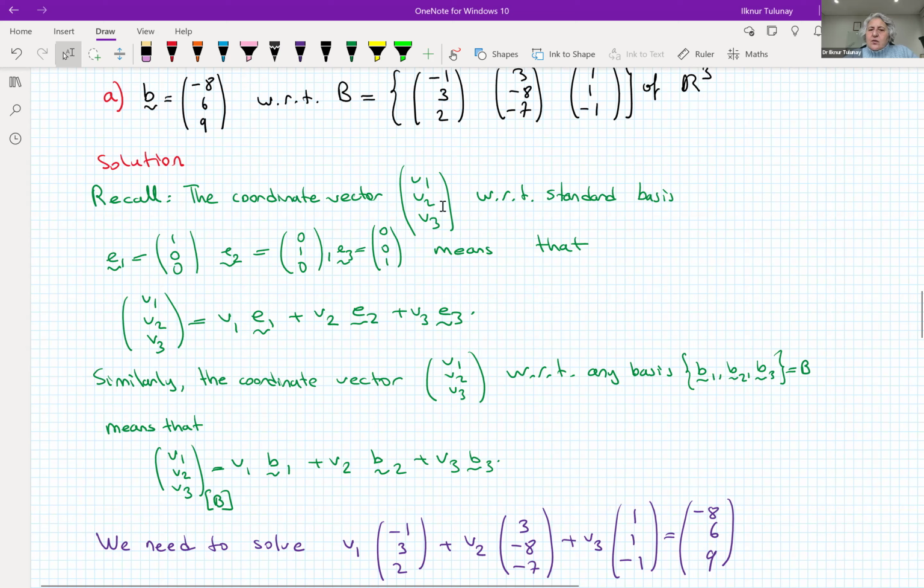So the coordinate vector with respect to the standard basis means that this vector can be written as a linear combination of these vectors.